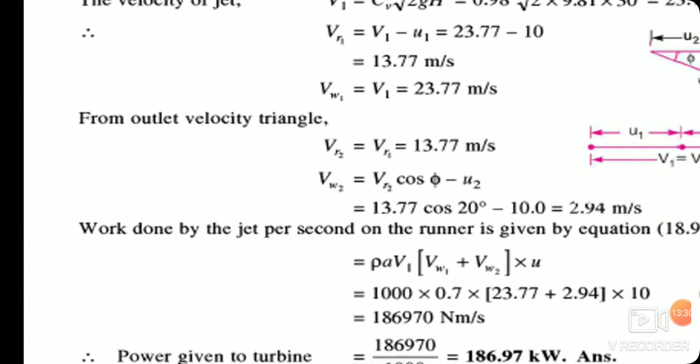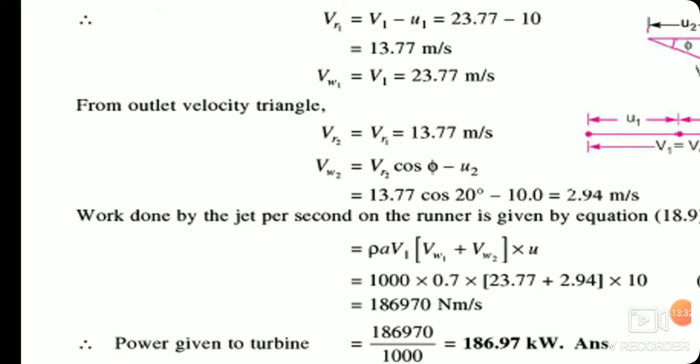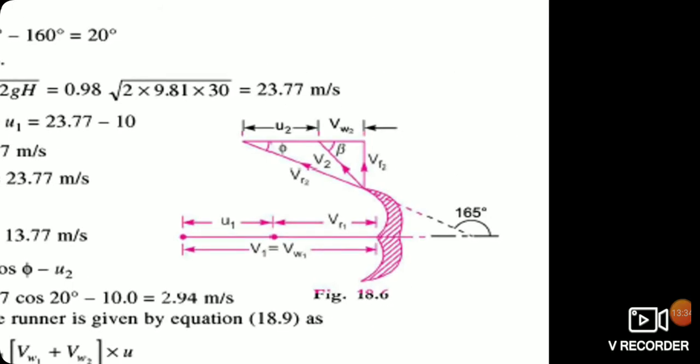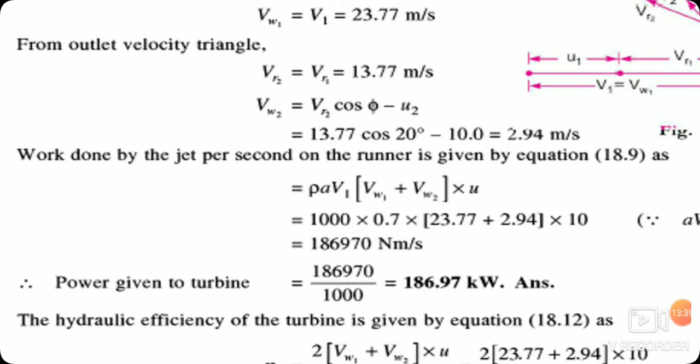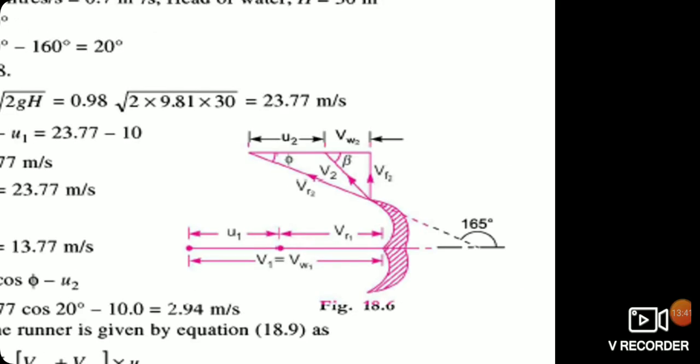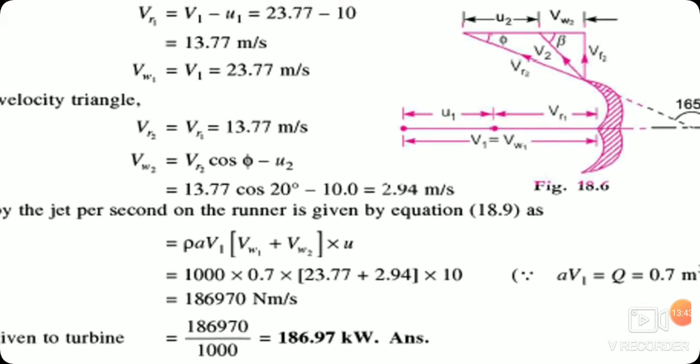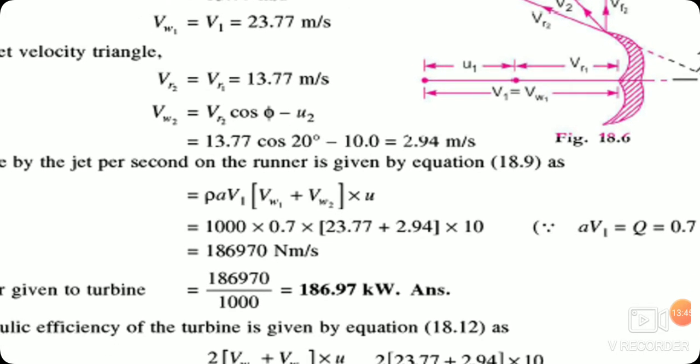Now we have V1, Vw1 and Vw2, and therefore we can calculate the work done, that is the power required for the turbine. The work done by the jet per second is given by the equation rho A V1, but A V1 is equal to Q, therefore it is rho Q into Vw1 plus Vw2 into U. We already know the density of water is 1000 kg per meter cube, and Q we have already calculated in SI unit as 0.7 meter cube per second.